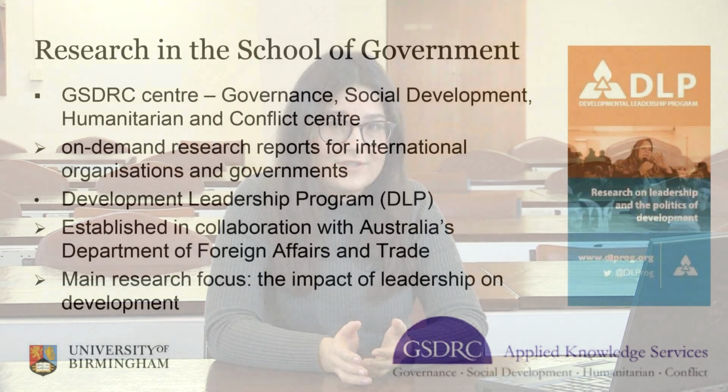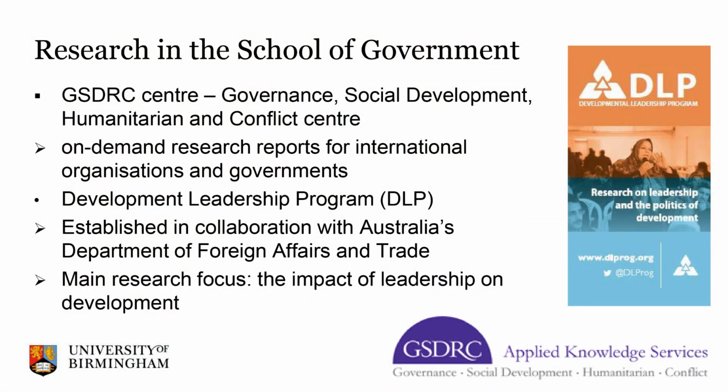So they've worked with the UK Department for International Development, they've worked with the European Commission and the Australian government, so they really have some very influential clients, and they produce kind of rapid response research reports.